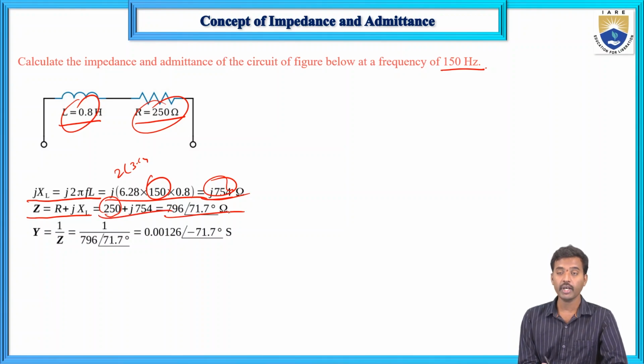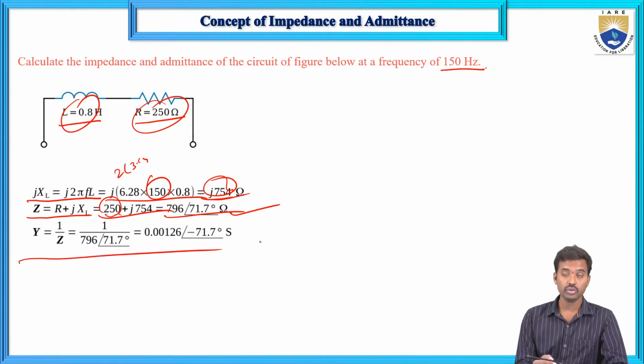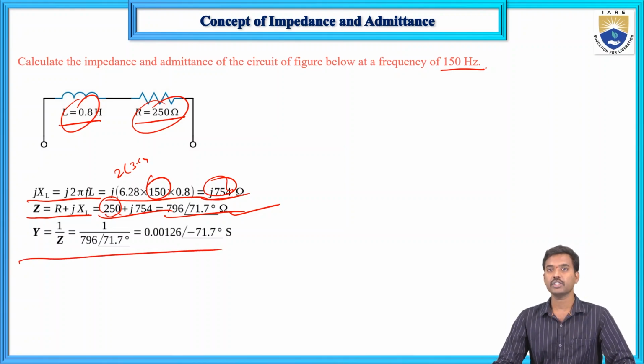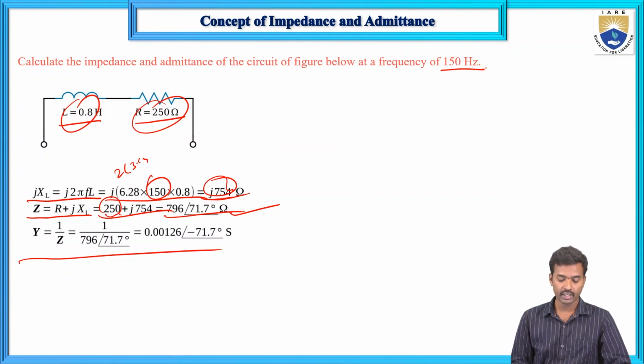This is the rectangular form, and if you convert into the polar form, the value equals 796 at an angle of 71.7 degrees. For addition and subtraction use rectangular form, for multiplication and division use polar form.